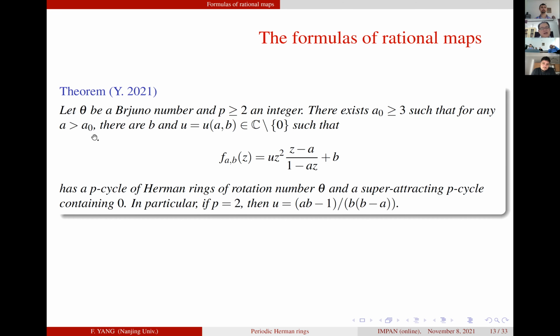Actually, I think it is independent of P, but I don't know if it is independent or dependent on P. I know it depends on theta, because if the period is 1, if P equals 1, then A naught depends on theta.